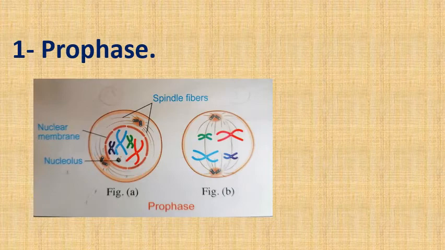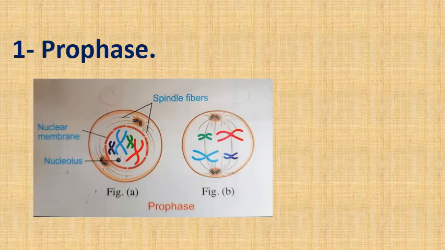Double-strength chromosome means the chromosome now consists of 2 chromatids. We said that the structure of chromosome before cell division will be 1 chromatid. During the prophase, during the cell division, it will be 2 chromatids.